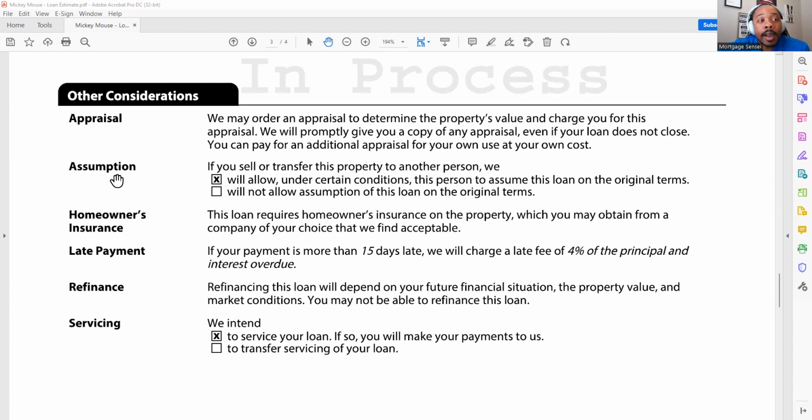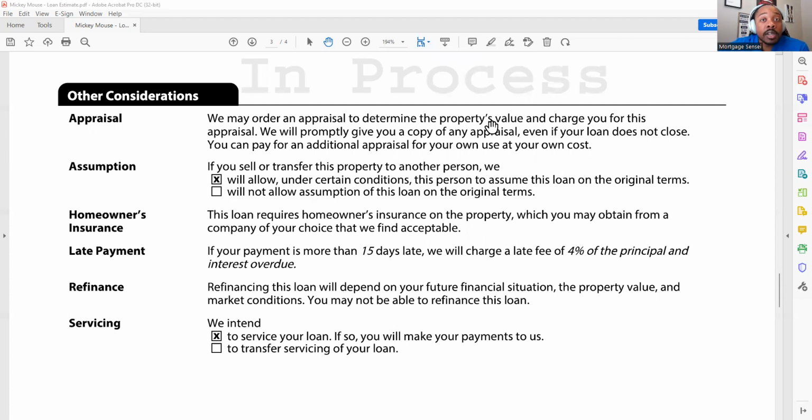After that, assumption. If you sell or transfer this property to another person, we will allow, under certain conditions, this person to assume the loan on the original terms. So with this particular loan that I'm setting up for my client, if she decides to sell this home, the new buyer could go about qualifying for the same loan terms that she has.